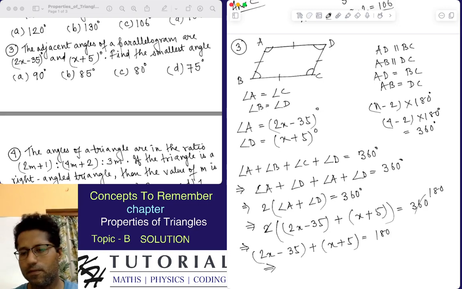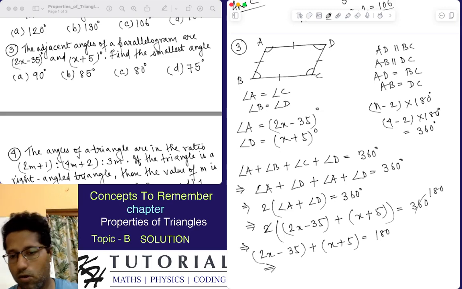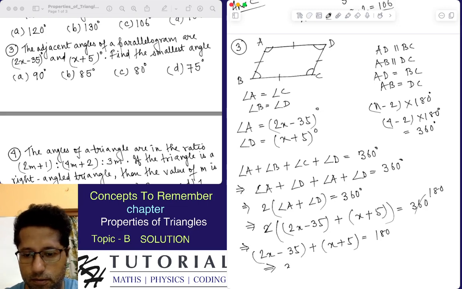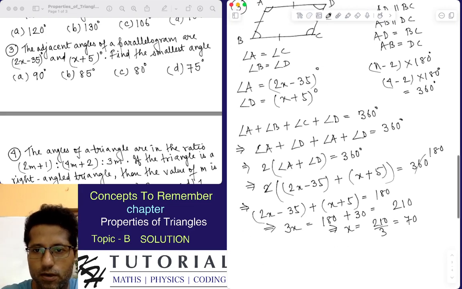If we open the brackets and simplify, bringing all the x terms together and the constant terms to the right hand side, we get 3x equals 180 plus 30, which is 210. So x equals 210 divided by 3, that is 70. So we have got x equals 70.